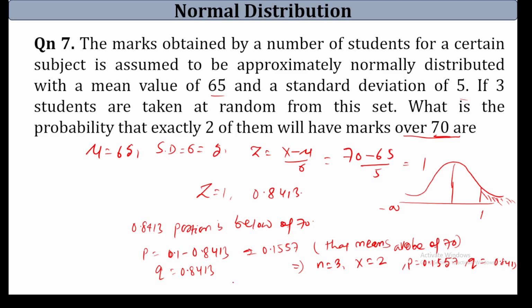Now we can apply the binomial distribution formula: 3C2, P to the power 2 and Q to the power 3 minus 2. Can anyone solve and give the answer? 3C2. Yeah, now you got it?